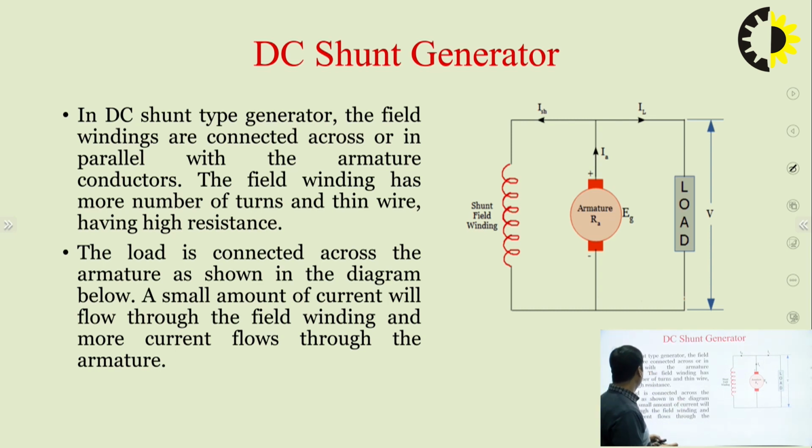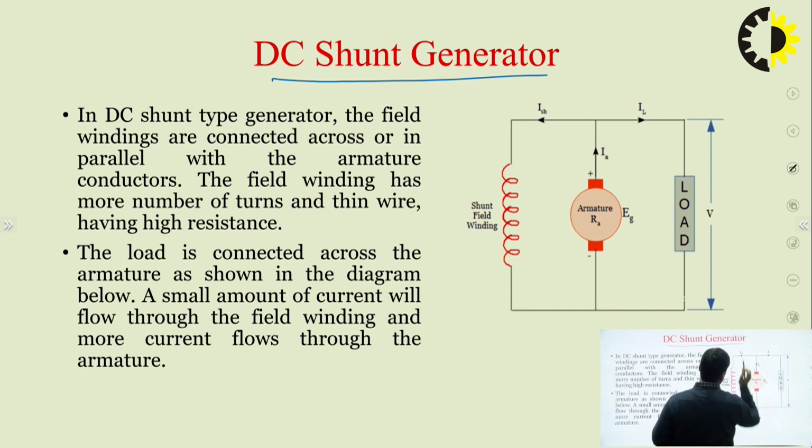The voltage equation is this. This is the simple example of a DC shunt generator. In a DC shunt generator, the shunt field winding is connected in parallel with the armature.